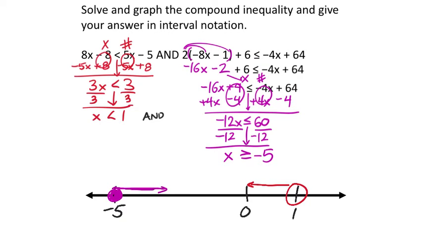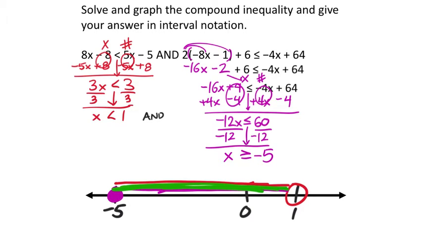So this means that the purple line would go all the way to 1, and then the red line goes beyond that, but since I need the intersection of the two, they intersect between these 2 points. So even though the red line goes to the left, the purple line goes to the right, neither of those matter because I need the intersection. So really we're just looking for this right here.